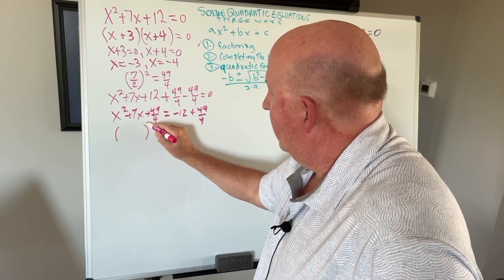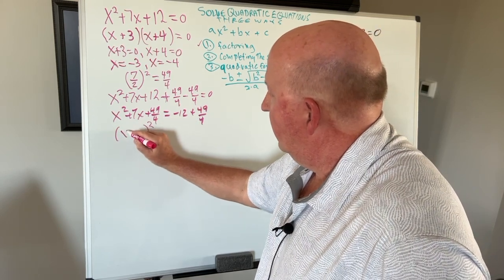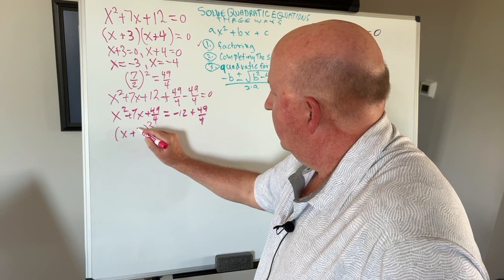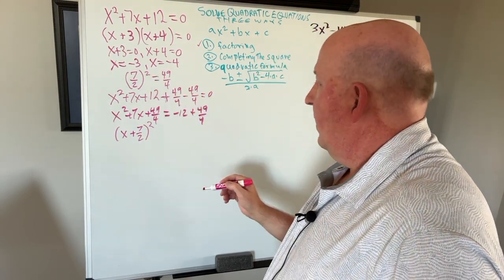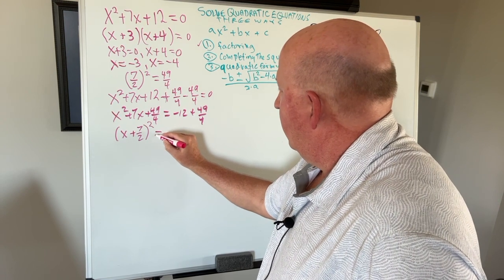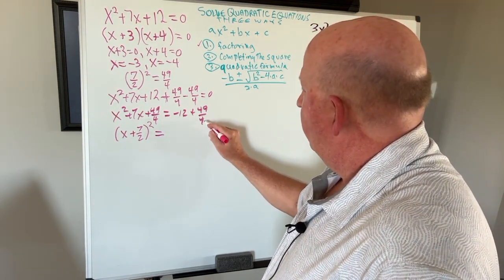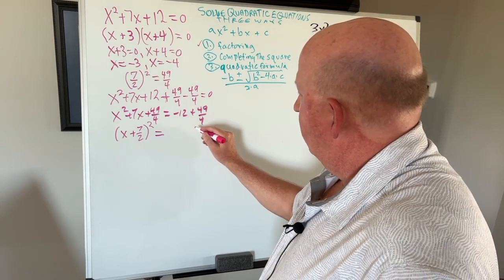and it's squared, but I have to then take the square root of it, which is 7 halves, which is what's in here. And that equals negative 12 plus 49 over 4, which I'm going to start reducing here.